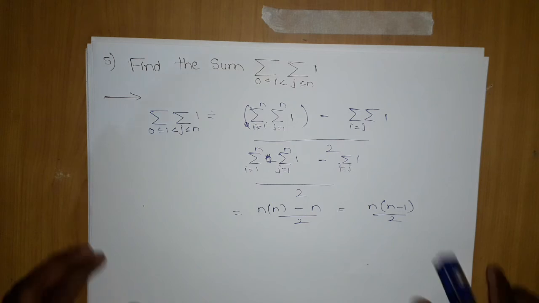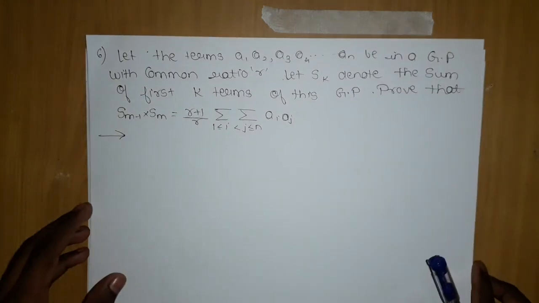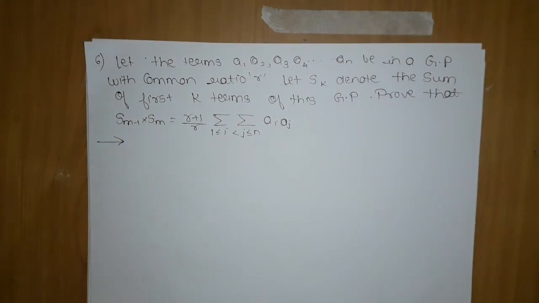So let's move on to the next problem, which is the last problem of this session. It says: let the terms a1, a2, a3, a4 till an be in a GP with common ratio r. Let Sk denote the sum of the first k terms of this GP. Prove that S(m-1) into Sm is nothing but this.